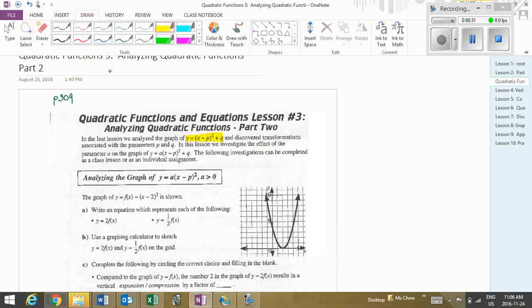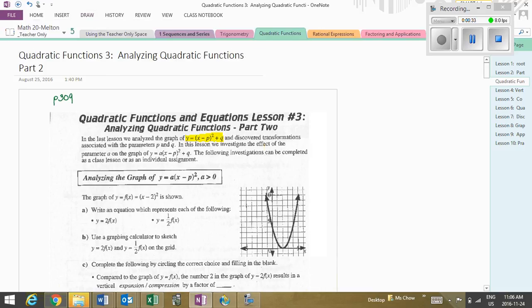And we looked at what the parameters p and q do. Just as a reminder, P tells us our horizontal translation, and with that we knew that if it was a positive p value, then it would be translated to the right.